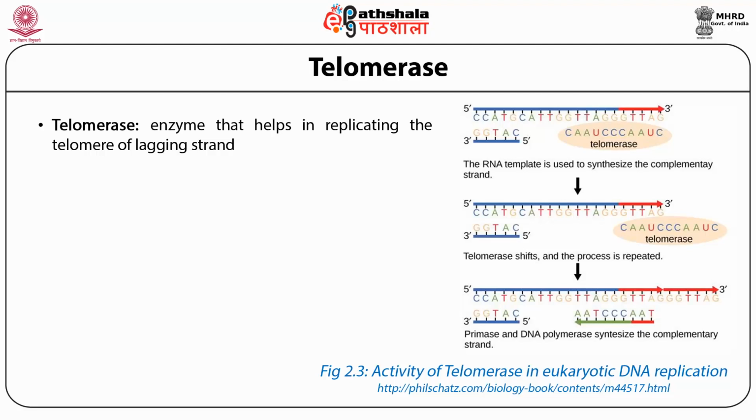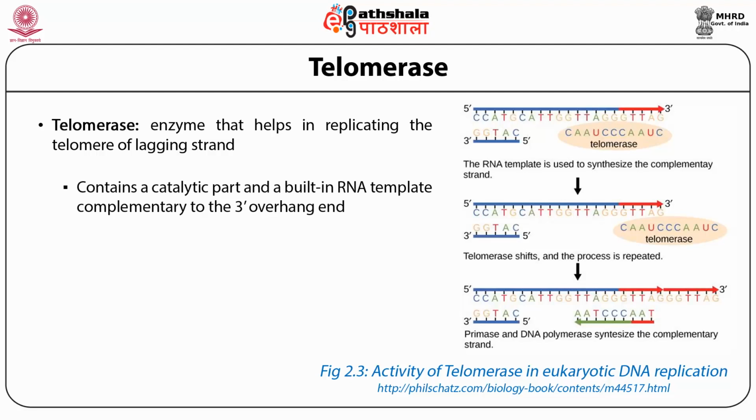This is an enzyme which has an inbuilt RNA template which is complementary to the 3' overhang end of the lagging strand. As we have already discussed, the telomere sequences are consensus conserved repeats. So it's no wonder that the consistent RNA template can remain built in with the telomerase.